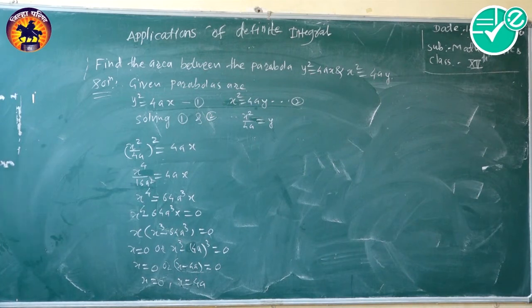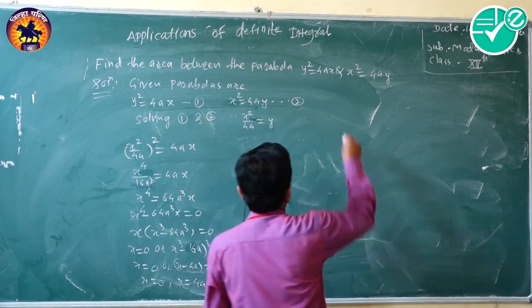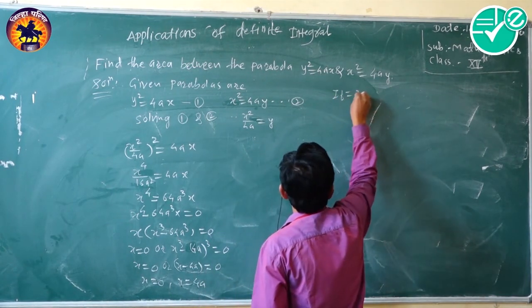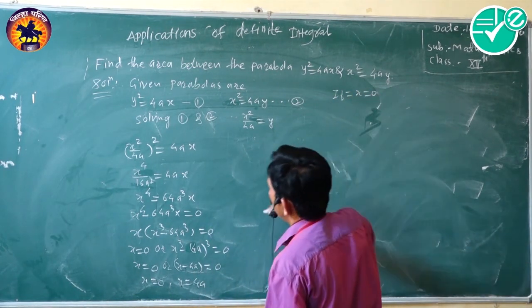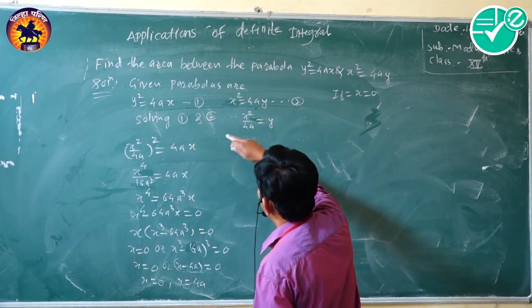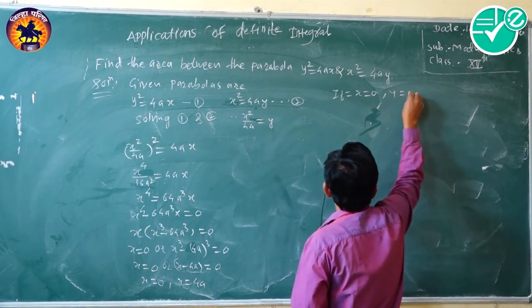Now if x is equals to 0, then y is equals to 0.